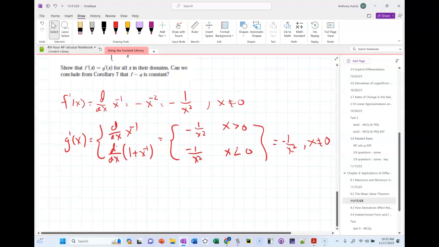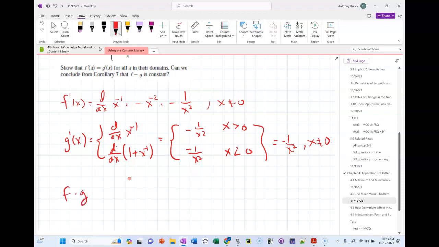So we could say that f minus g is constant from negative infinity to 0, and we could say it's constant from 0 to positive infinity, but I don't think we can say it's constant from negative infinity to positive infinity. Would be my suspicion here. Let's look up what the answer is. Do you buy that, Nolan? Yeah, I think that's probably where we're driving at on that one.